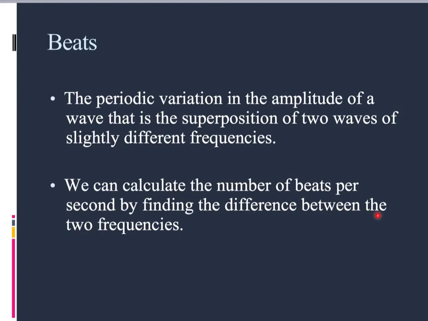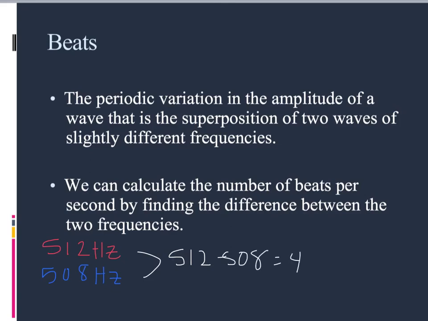So say in our last example, one of our waves was at 512 hertz, and maybe the other wave was at 508 hertz. Then we're just going to combine those two, and when we combine them, all we have to do is take the difference. So 512 minus 508 is 4. And this is the number of beats per second we'll find. So we'll get 4 beats per second.